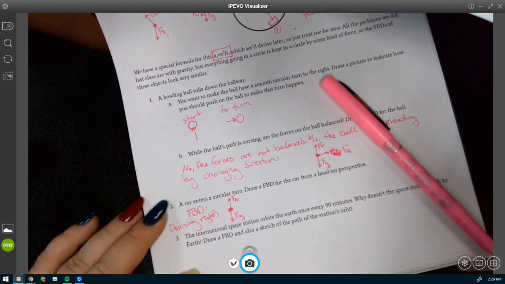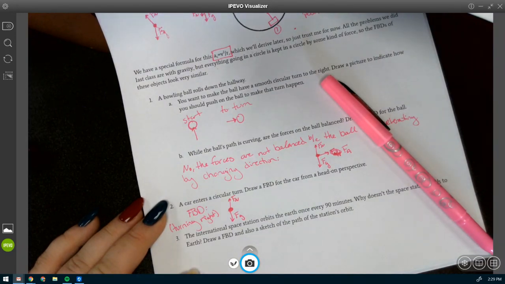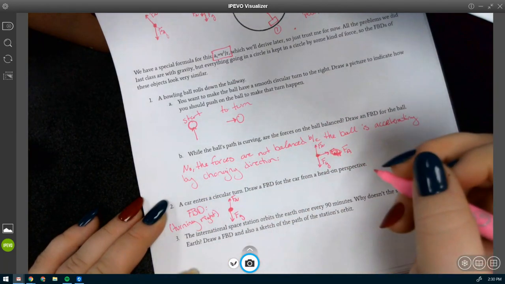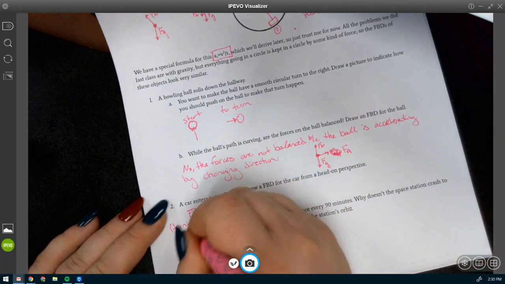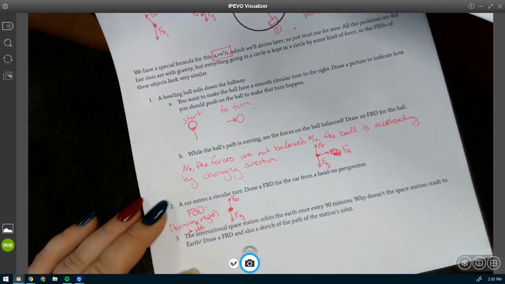All right. So if it's coming towards you, is it turning to your right or its right? So turning to its right. And so if you're seeing it come at you and it's going to turn to its right, that's our left.